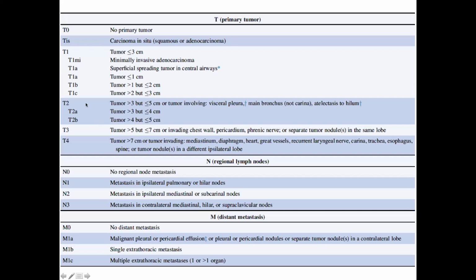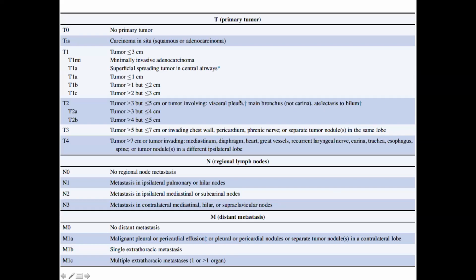We've then got T2 tumors, so tumors that are extending up to 5 centimeters, or, and don't forget about these important ors, the tumor that may be involving the visceral pleura, tumor that may be involving a main bronchus, but not the carina, and tumors that have atelectasis extending to the hilum.